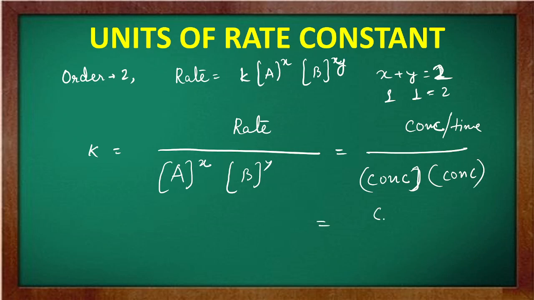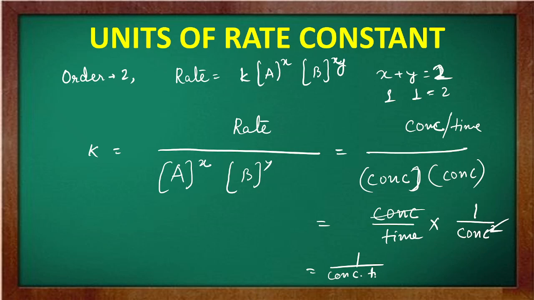Now this will be concentration by time into 1 by concentration square. Now one concentration and one concentration will cancel out, isn't it? So you will be having only 1 by concentration into time.